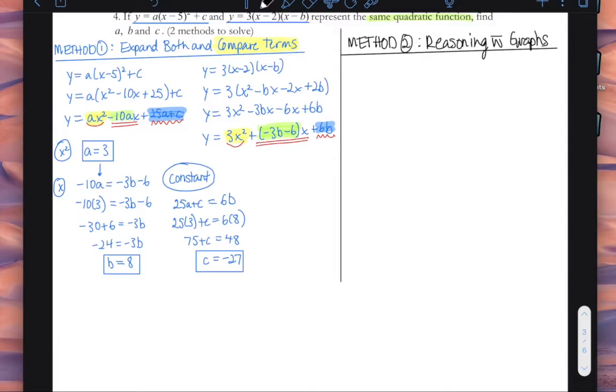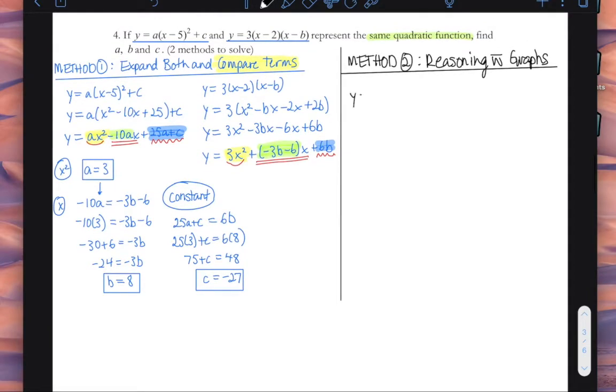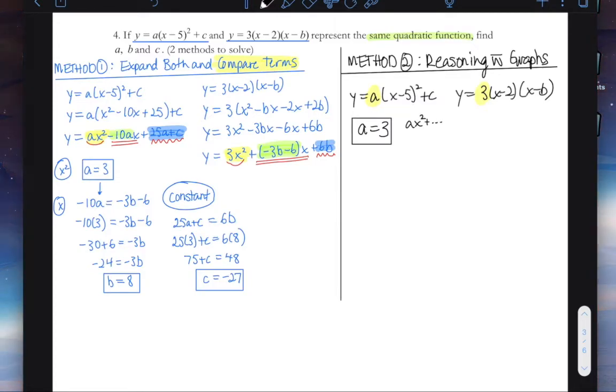We are still going to start by jotting down our two forms. And I think it is still pretty obvious that a has to be 3. The reason for that is if I were to expand either one of these two forms, my first term is going to be ax squared plus some other terms, and this one's going to be 3x squared plus other terms. So a has to be 3.